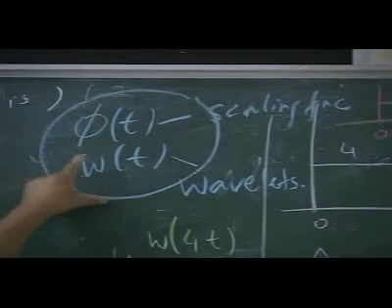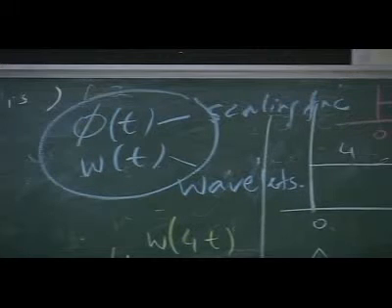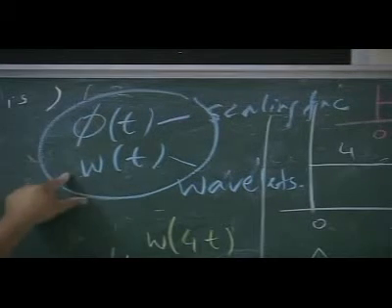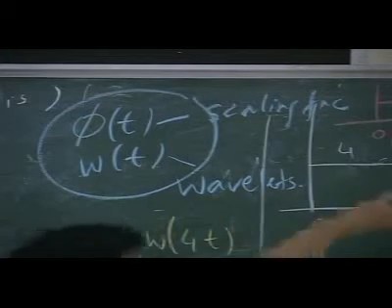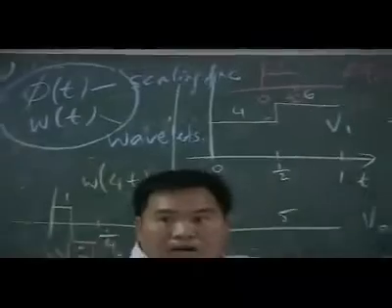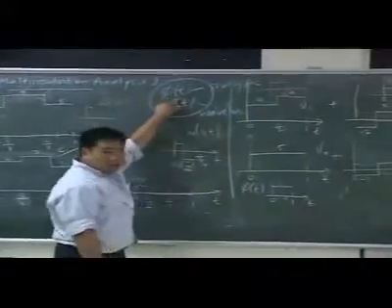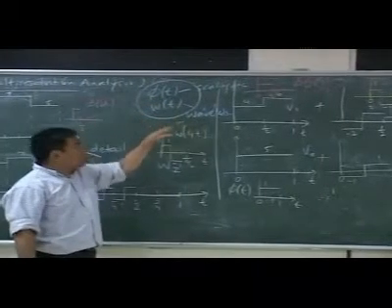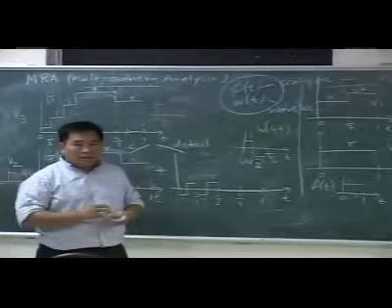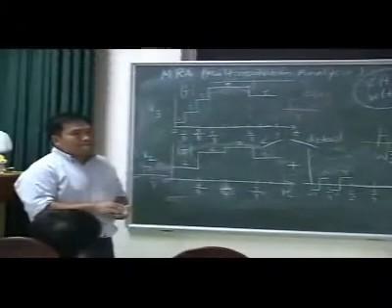There's a wavelet associated with the high pass details operation. And I only have to know 2 of them, phi of t and w of t, because the basis functions for the other scales, the other resolutions, are related: phi of t, phi of 2t, phi of 4t, phi of 8t, and so on, and vice versa for w of t. Any question?